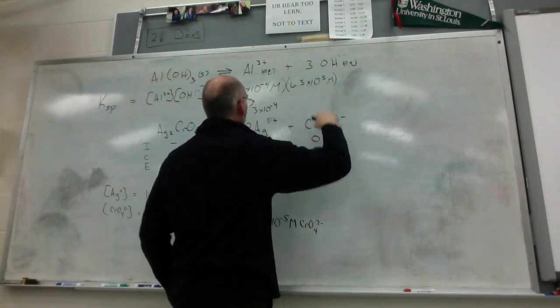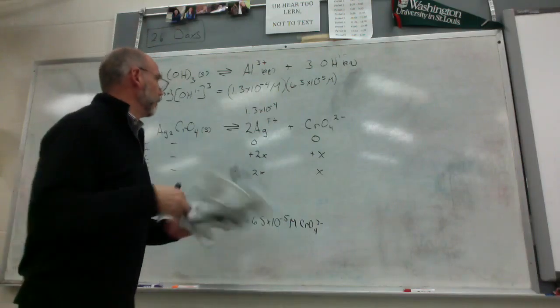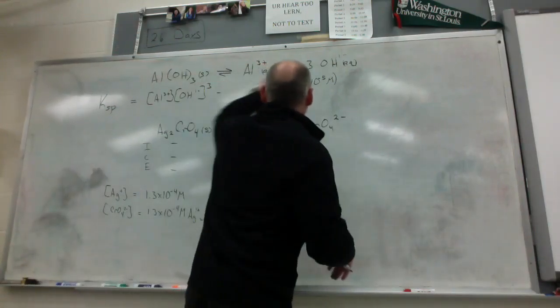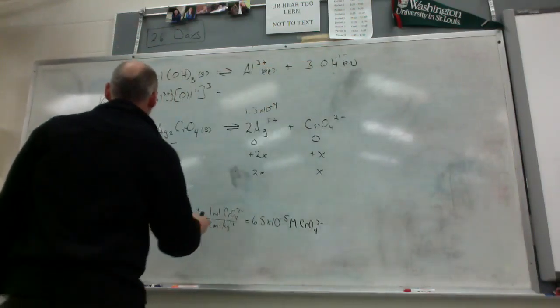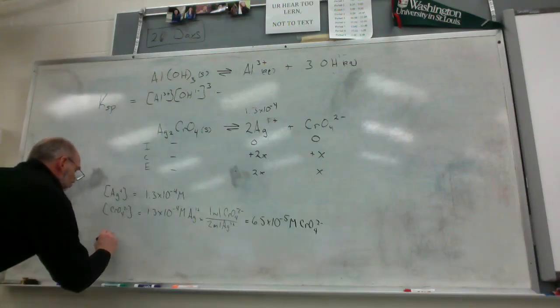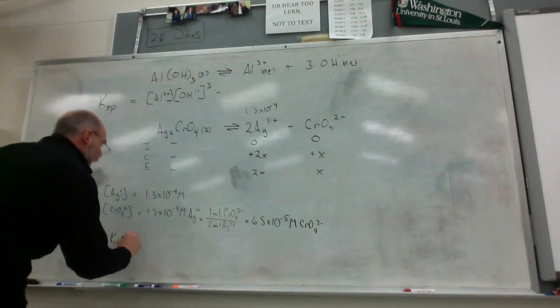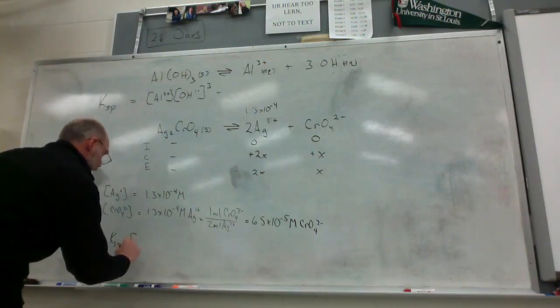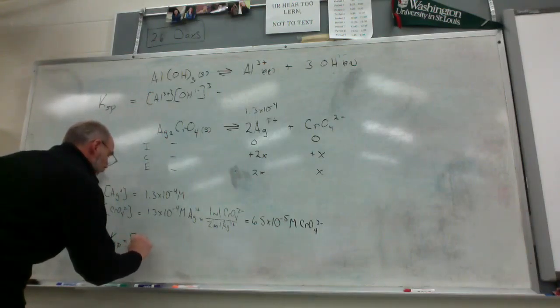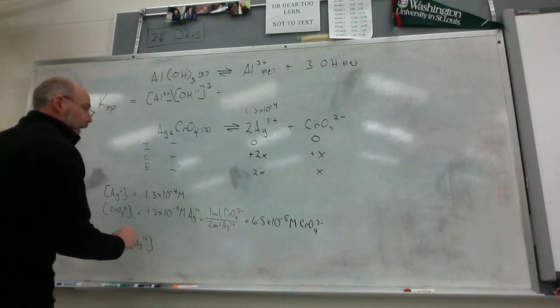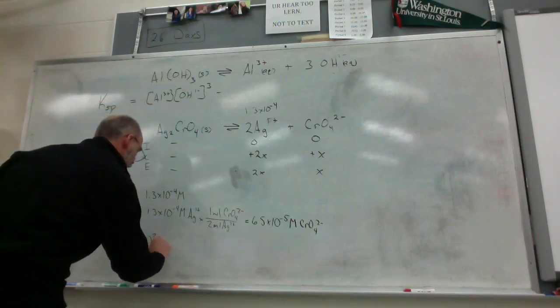Am I doing this right? Oh, I didn't write the equal. My bad. I was looking for a shortcut there. Let's go ahead and write the KSP for this reaction. What are we looking at? Silver, and that is squared, times the chromate.